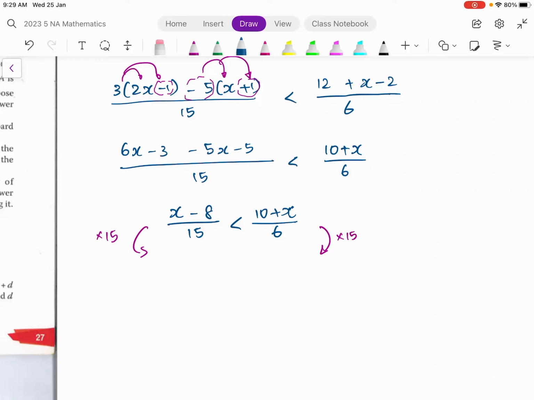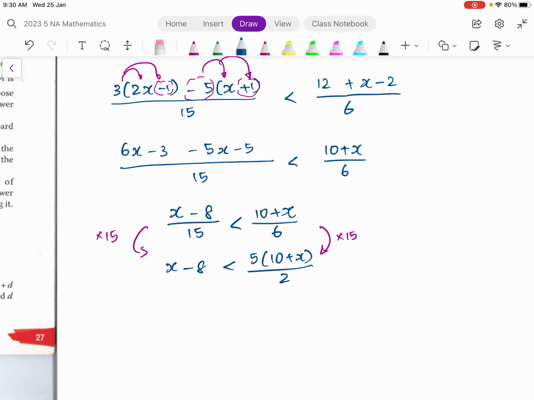So we end up with, on the left-hand side, x minus 8, less than 15 divided by 6, which is, divided by 3, 5 over 2, 5 times (10 plus x) over 2. Yes, 15 divided by 6 is 5 over 2. Okay, all I did was multiply by 15.